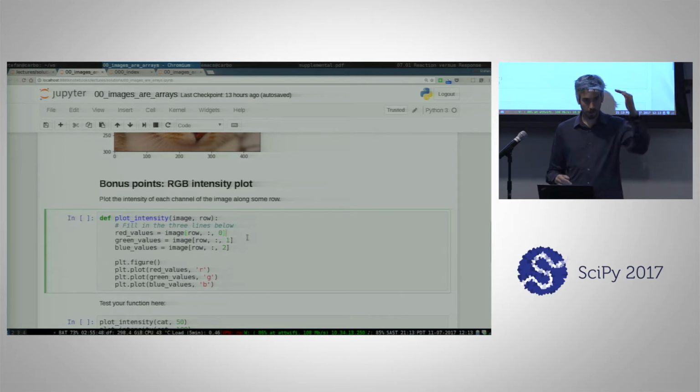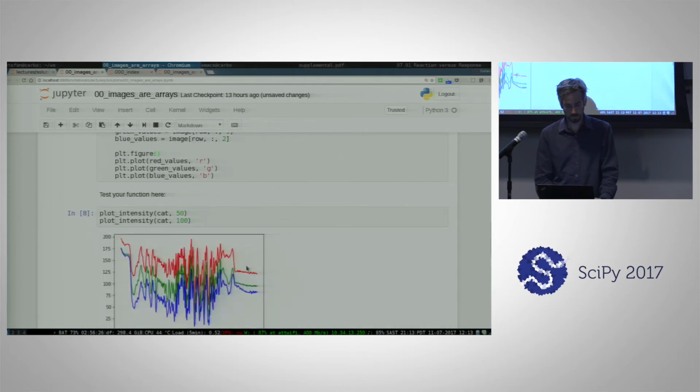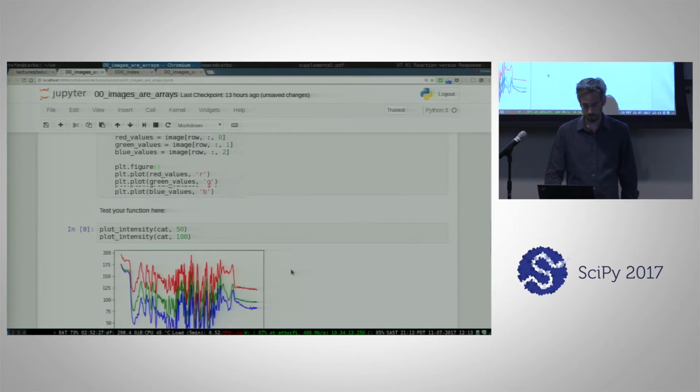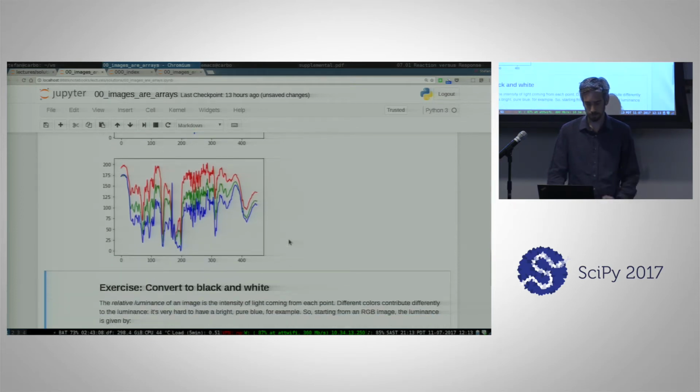So I'm slicing it at a specific row. I'm keeping all the columns, and I'm grabbing 0 for the red values, 1 for the green values, or 2 for the blue values. And then those are one-dimensional arrays. So I plot those in the colors RGB. So there you go. Here's another slice.